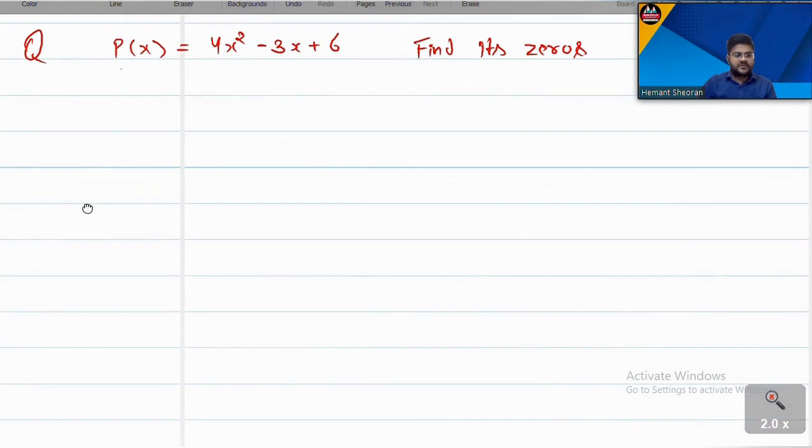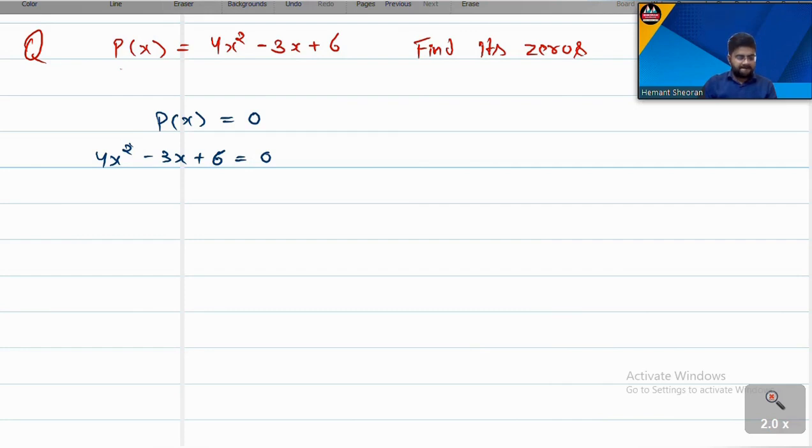How many zeros can it have? 2. But how are we going to do that? We will do p of x is equal to 0. So you will be equating 4x square minus 3x plus 6 is equal to 0. What will be the next step?